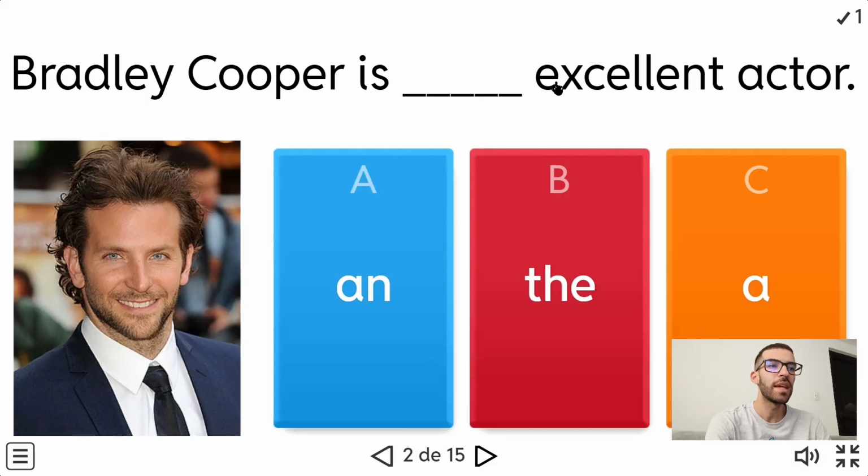In this case, remember that this starts with a vowel, so we need to add an, right? We cannot use a because it's going to sound a little weird or different from the correct pronunciation of native speakers and mostly English language speakers.